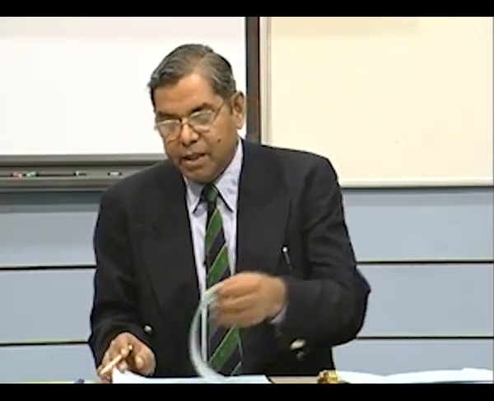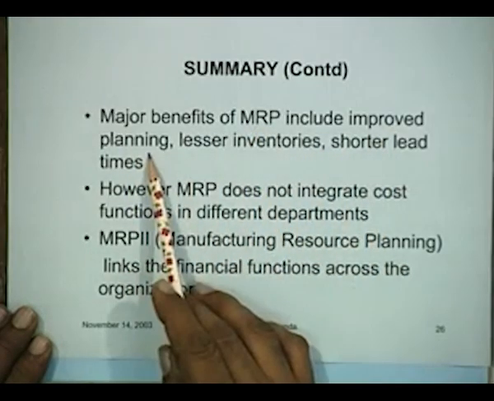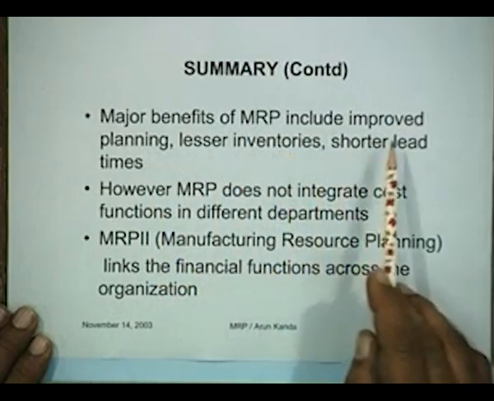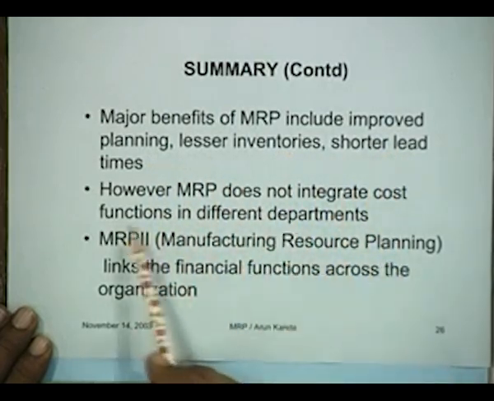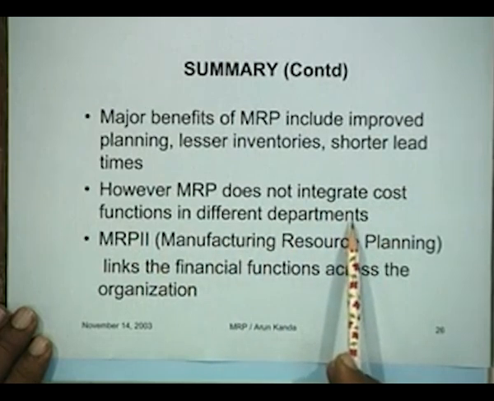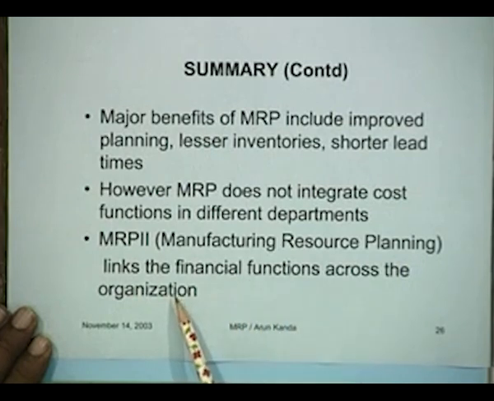And finally, some of the major benefits of MRP include improved planning, lesser inventories, shorter lead times. However, MRP does not integrate cost functions. That's a defect. And MRP2, which is manufacturing resource planning, links the financial functions across the organization.